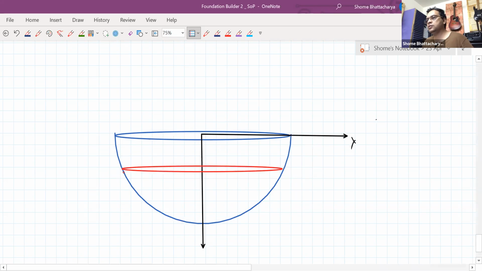So we'll be getting that looks like a ring like this. So this is a thin ring sliced by a plane parallel to the XZ plane.